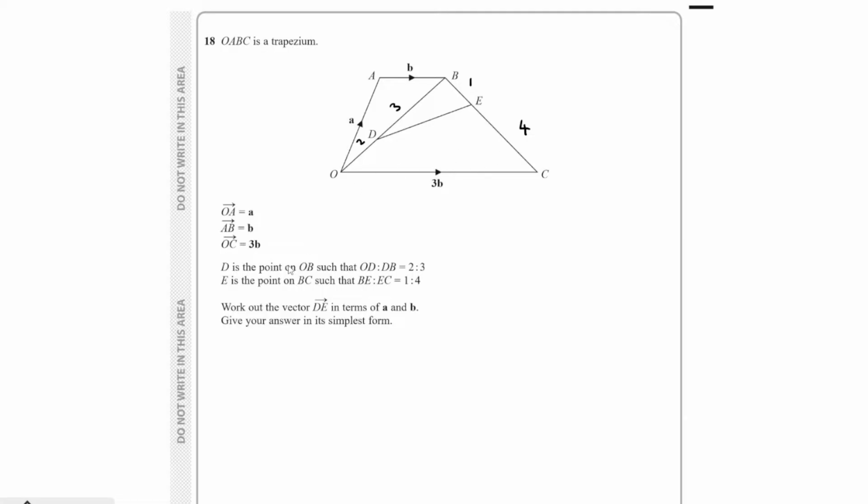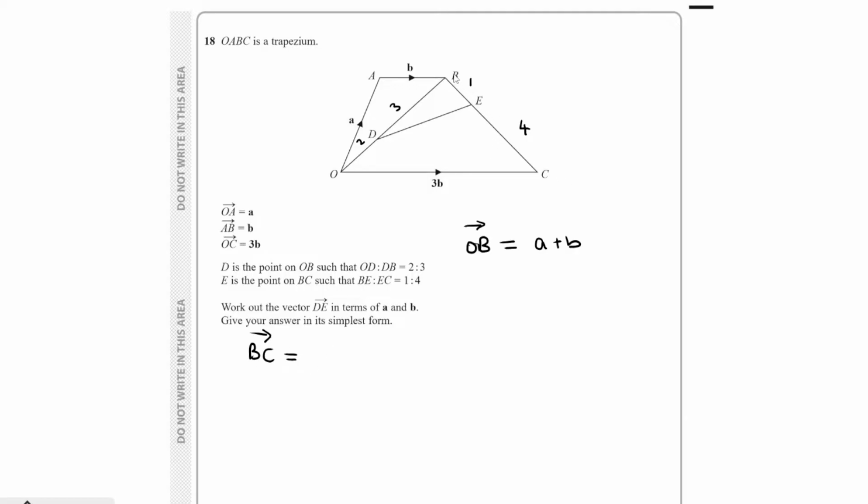So I was thinking, right, D to E, I would probably go D to B, B to E. Which means, if we backtrack a little bit, I would need to know O to B first. That's quite easy, isn't it? That's just A plus B. And then I would also need to know B to E, which is part of BC.